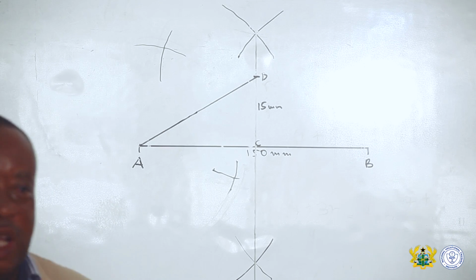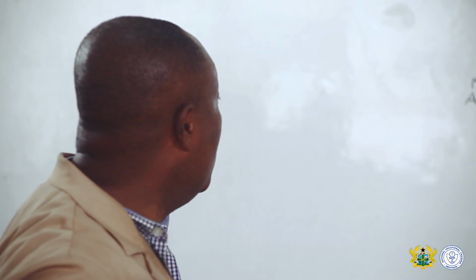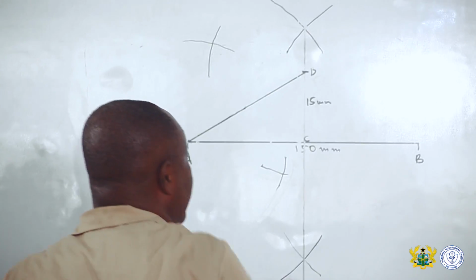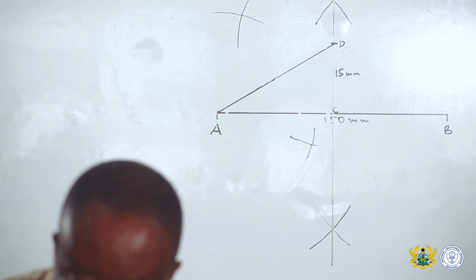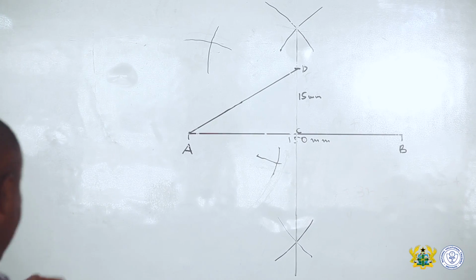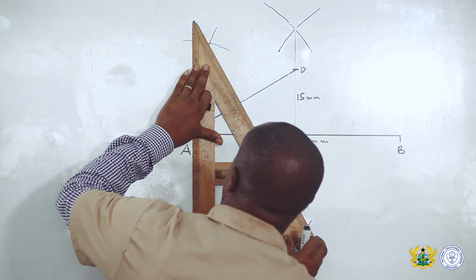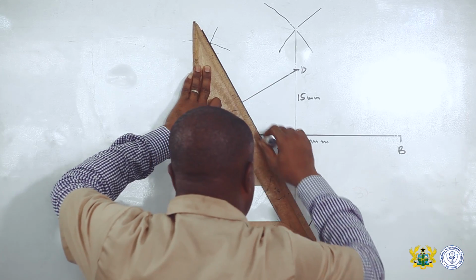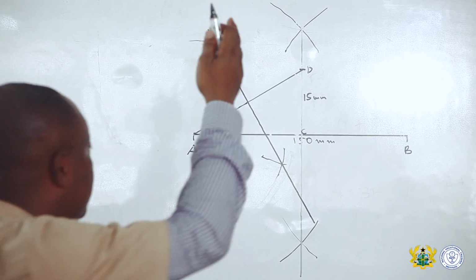Where the two arcs meet, you draw a line through the bisectors to meet the perpendicular bisector C.